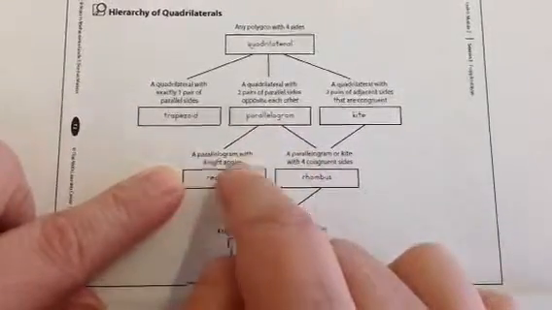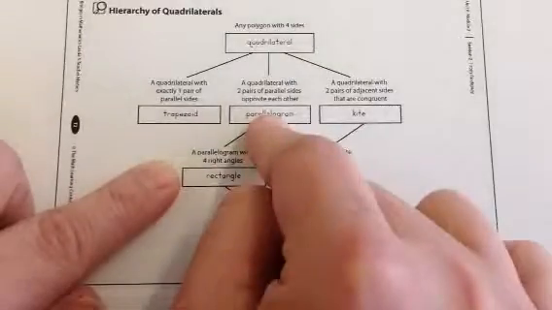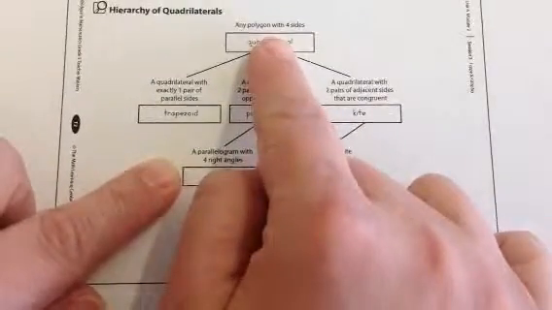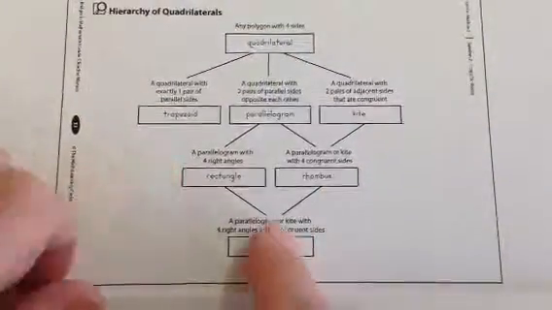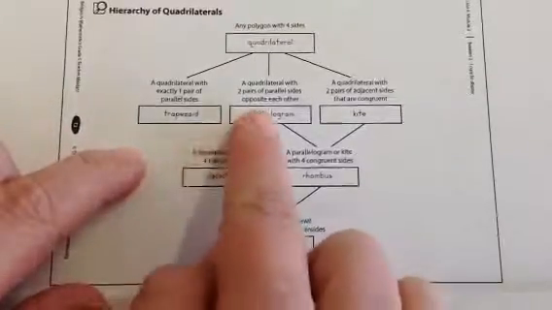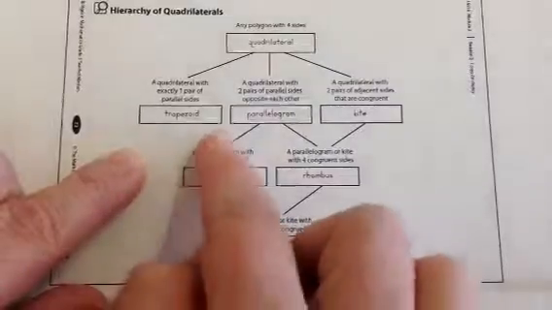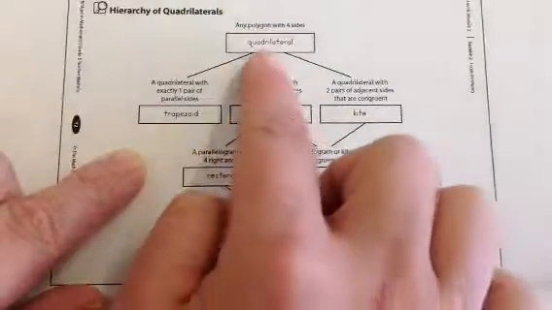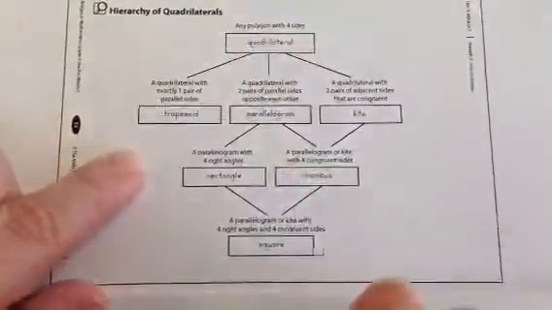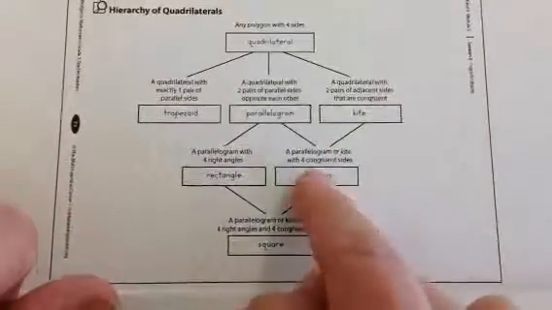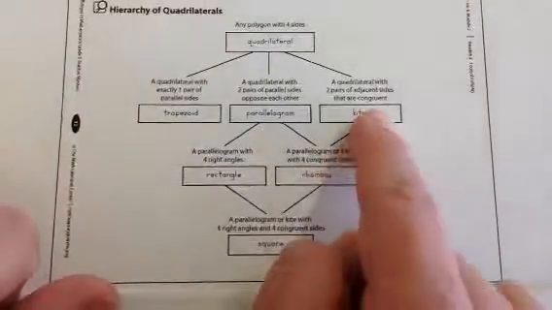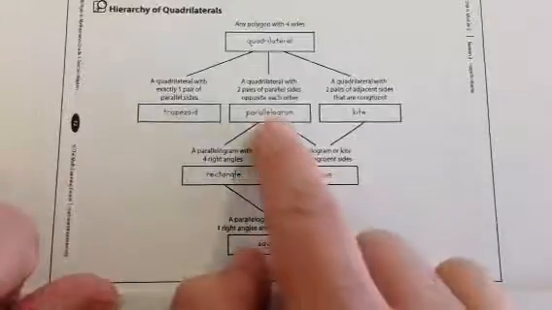So every rectangle is a parallelogram, and every parallelogram is a quadrilateral. So we talk about on the hierarchy how we can move up and follow the lineage of it all the way up. So all squares then are parallelograms, and they're also quadrilaterals. An example, again, would be that of the rhombus. So all rhombuses are kites, and all rhombuses are parallelograms.